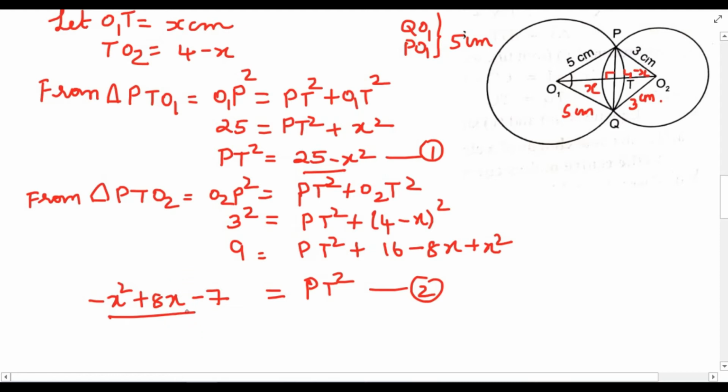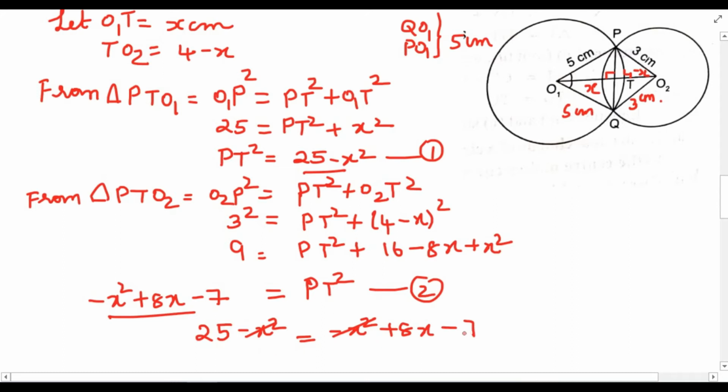So this I can equate. I have 25 minus x square is equal to minus x square plus 8x minus 7. So we can cancel minus x square and minus x square.